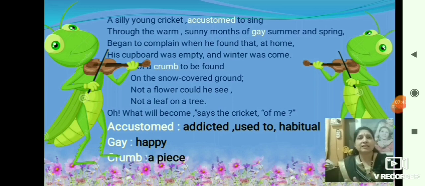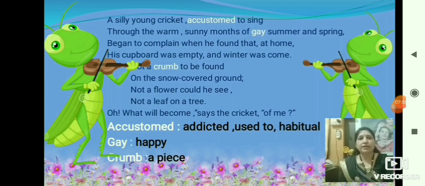That time, what is this cricket doing? He is simply wasting his time to play violin and singing and dancing, only a waste of time. Began to complain when he found at home his cupboard was empty and winter was come.